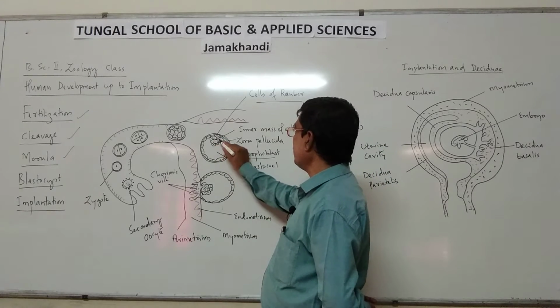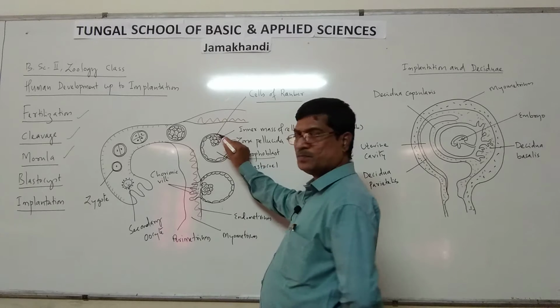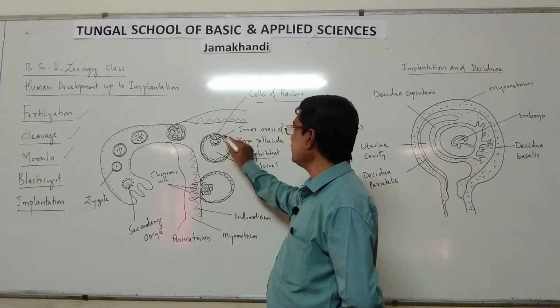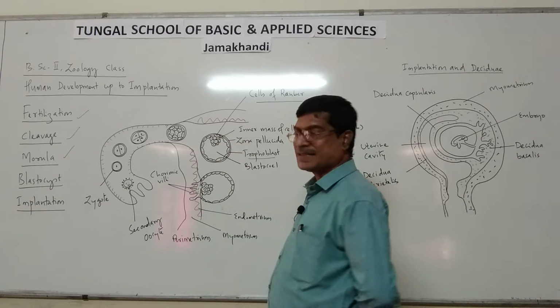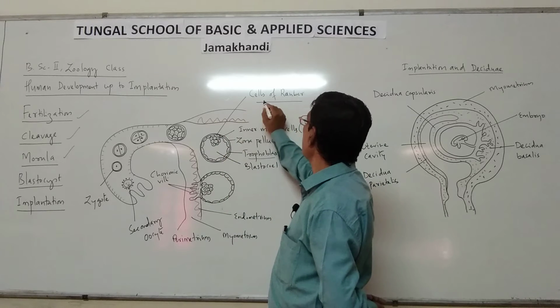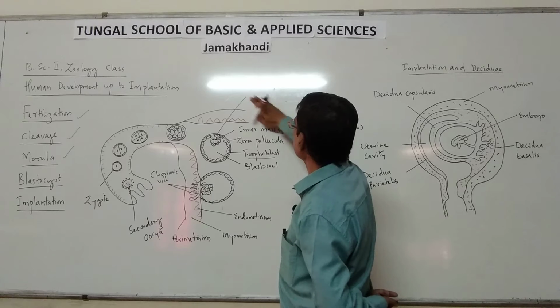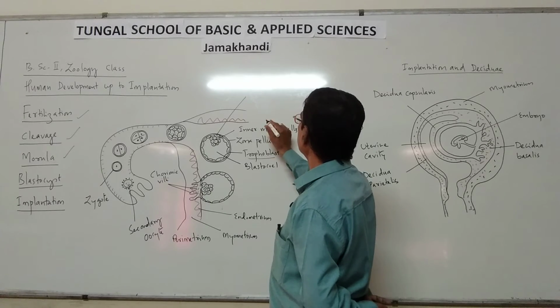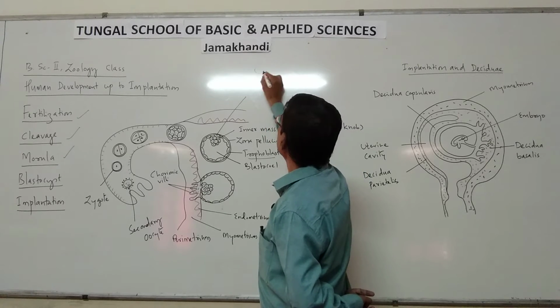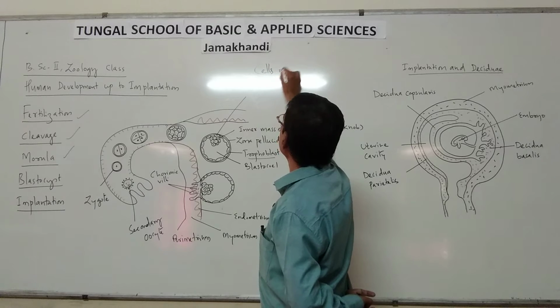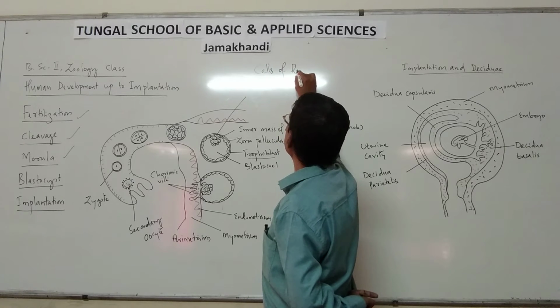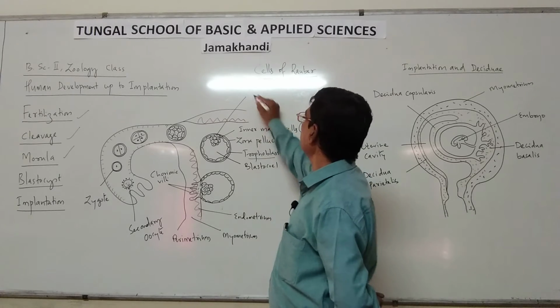This embryonal knob is in contact with the peripheral trophoblast cells, and these trophoblast cells are called cells of Rauber.